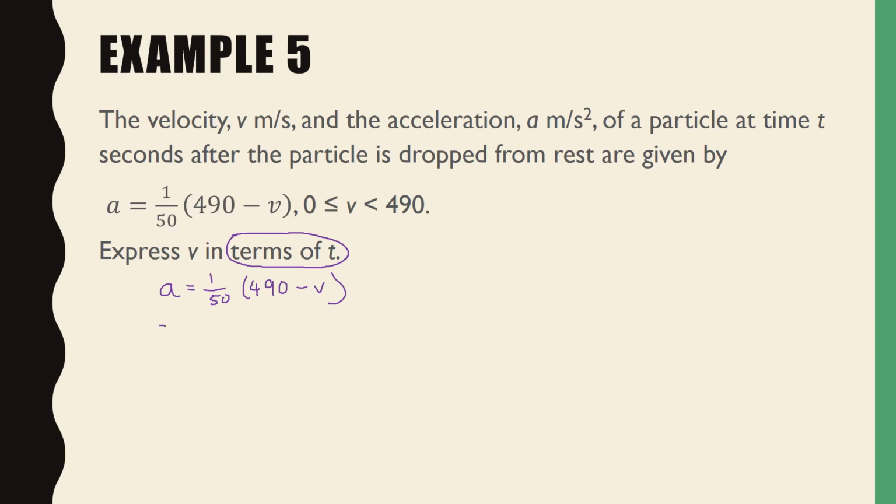So I can write this as dv/dt equals 50 over 490 minus v. Now, like we always know, we think about, can we take this dt over to the other side? We can't, because that only has v's, so we flip both sides over.